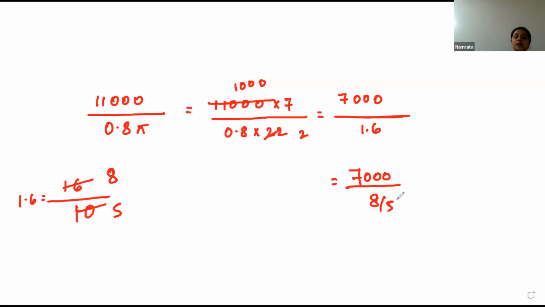Again, this 5 will go in the numerator. So approximately, let me check what you will get.